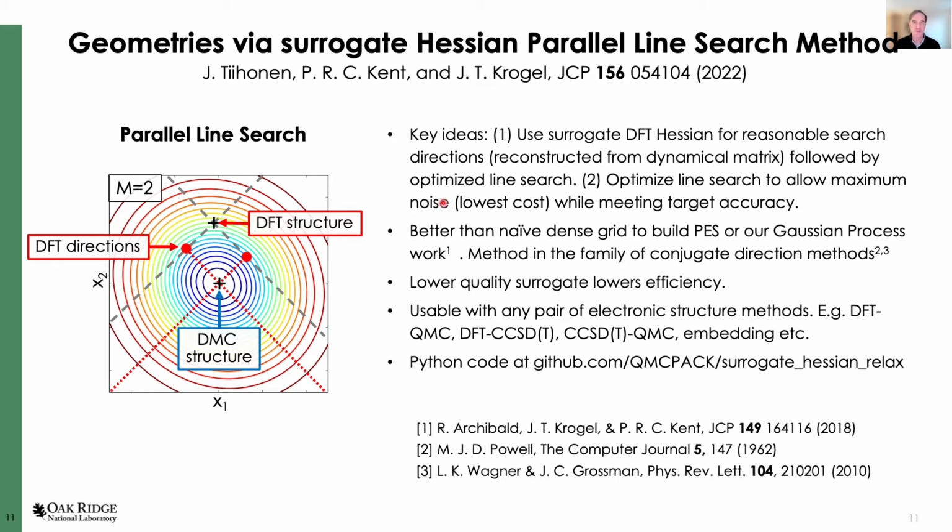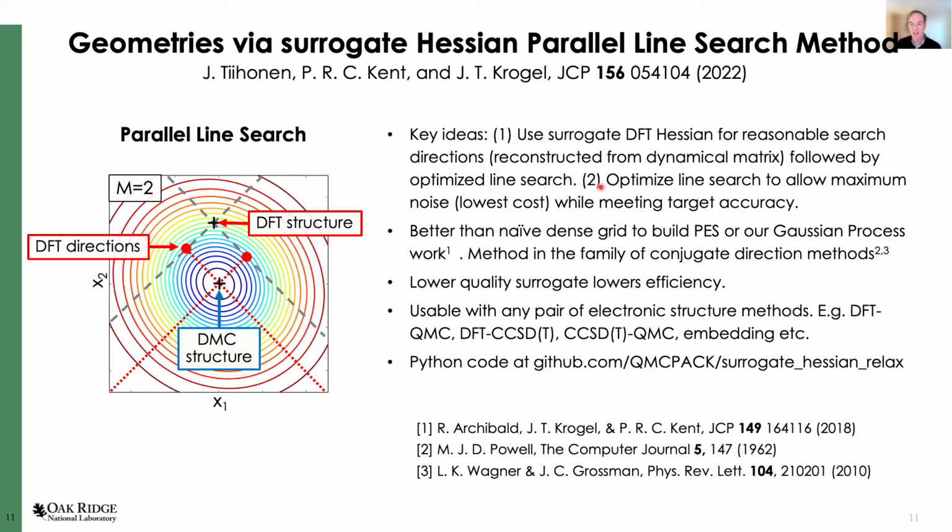And then along these line search directions, we're of course going to do a line search with our quantum Monte Carlo calculations. So we're always going to use quantum Monte Carlo energies, and taken to the logical iterative conclusion, we will find the quantum Monte Carlo lowest energy geometry by this process.